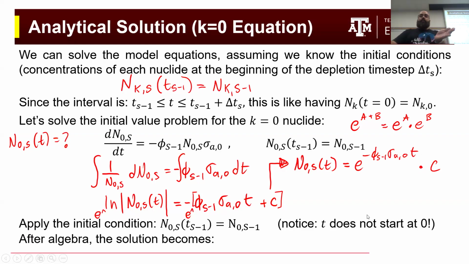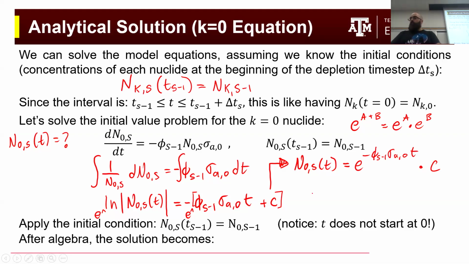So to evaluate what c is, I would use this initial condition, plugging in t of s minus 1. When I plug in t of s minus 1 here, that is the amount of my nuclide at time t of s minus 1, which is this initial concentration that was given. On the right-hand side, though, this exponential isn't going to go away. It is going to have a t of s minus 1 right here.